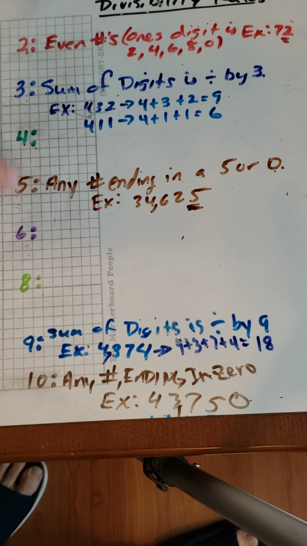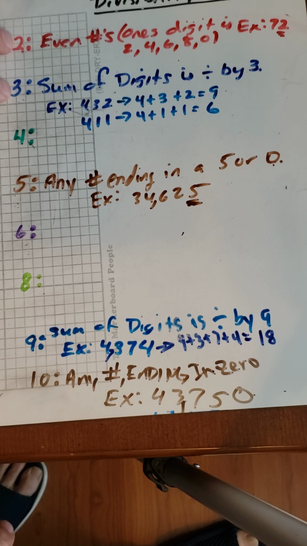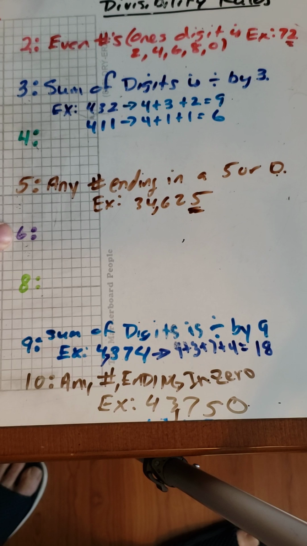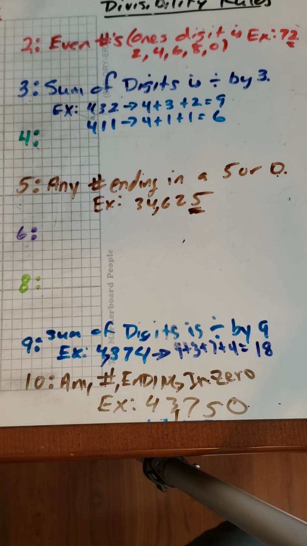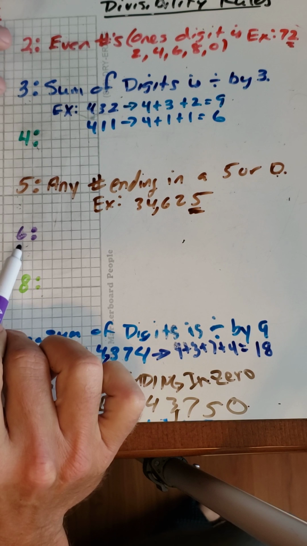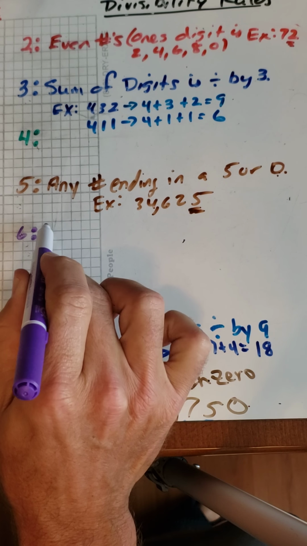And the reason I did that is because if these two rules work, then it's divisible by 6. So if it's divisible by 2 and it's divisible by 3, then it's also divisible by 6. That's why it's purple, because the 6 is related to 2 and 3.